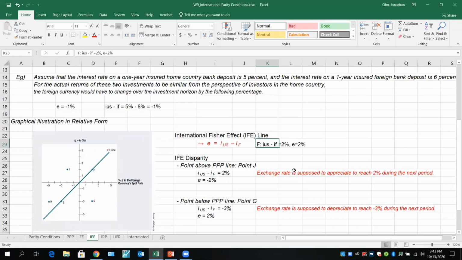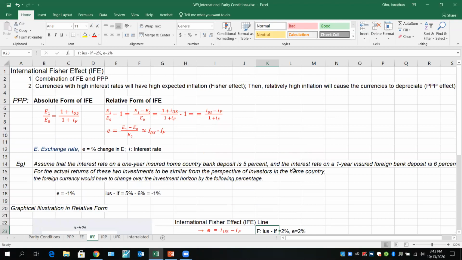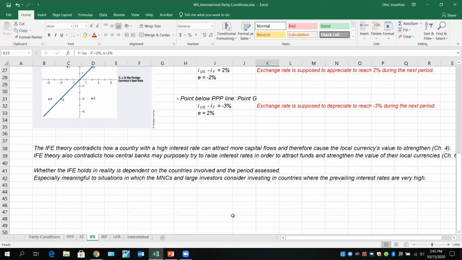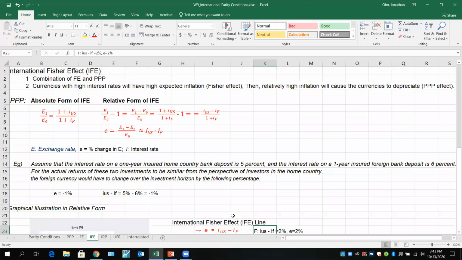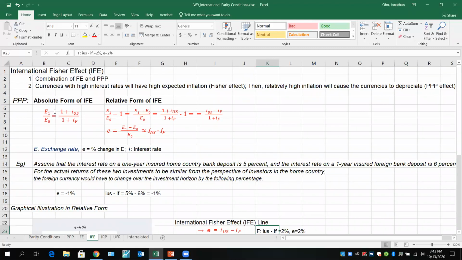Now, some tricky point is this. As I said, the international Fisher effect combines Fisher effect and purchasing power parity. Now, if a foreign country, for example UK, has a higher interest rate, then next period the UK pound is supposed to depreciate.